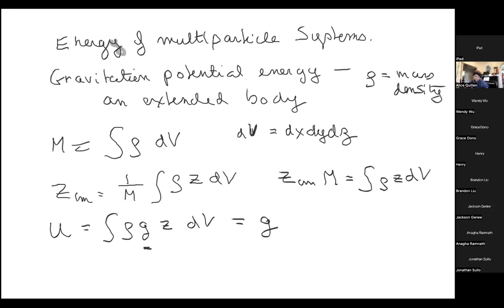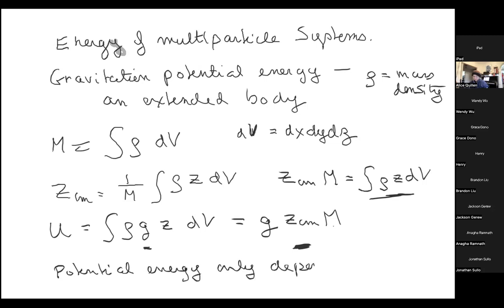Once I move this g out, you can recognize it's the same thing. So the potential energy of an extended mass only depends on its total mass times the z component of the center of mass position.